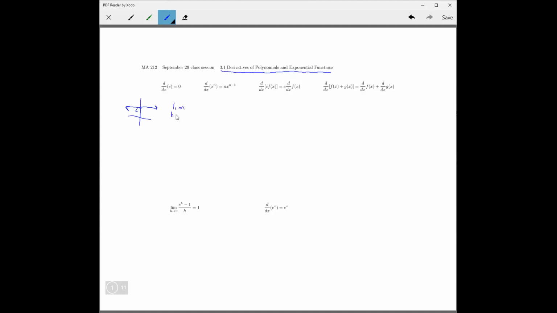Maybe I'll just show you guys. It's the limit as h goes to 0. If I'm taking the derivative of x to the n, then I'm going to get x plus h to the n minus x to the n, all over h.